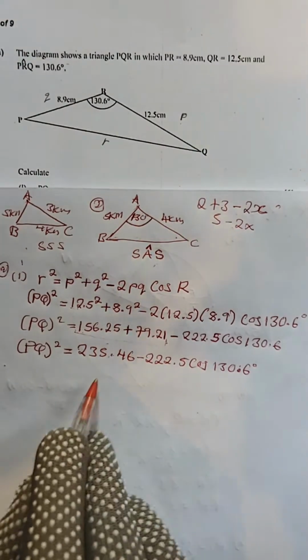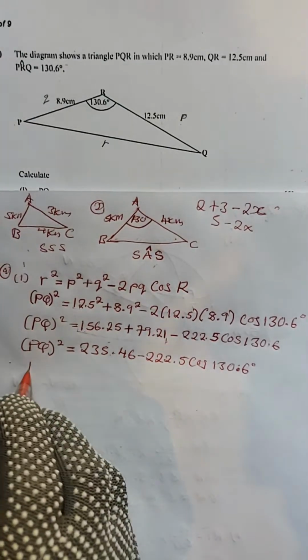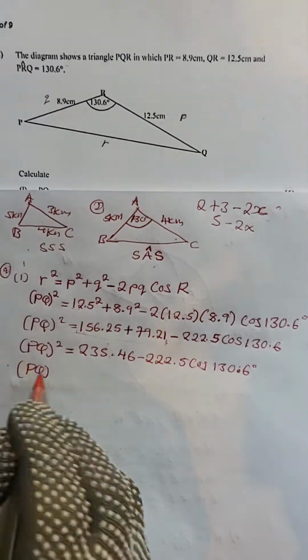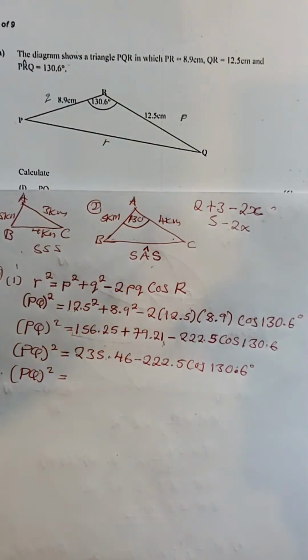Now, at this stage, you can punch everything in the calculator. So we're going to maintain PQ squared here. Make sure you don't be slow when solving this in your exam.